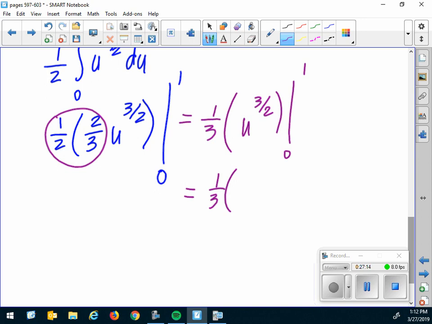What's u to the 3/2 when u is 1? And u to the 3/2 when u is 0. Remember, when you do a definite integral, you're going to get a number as an answer. Now, have you got that down?